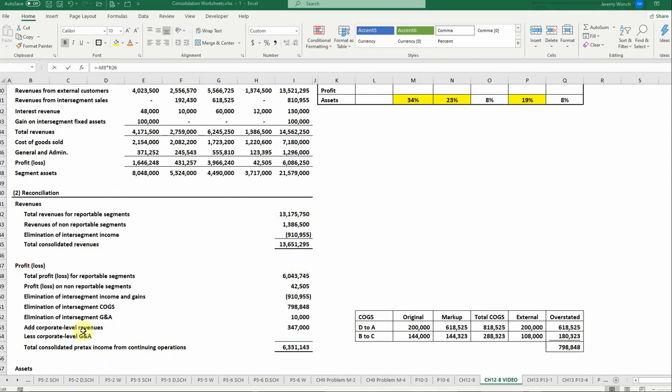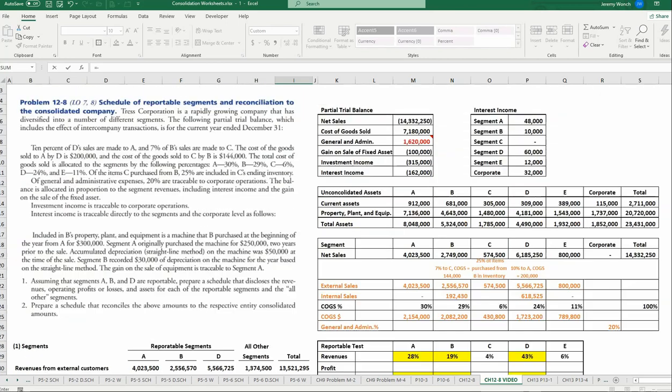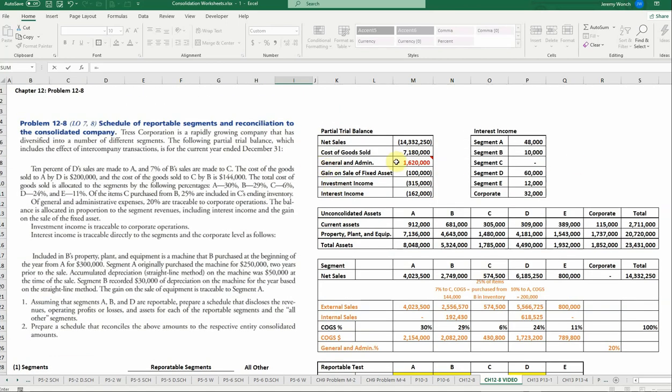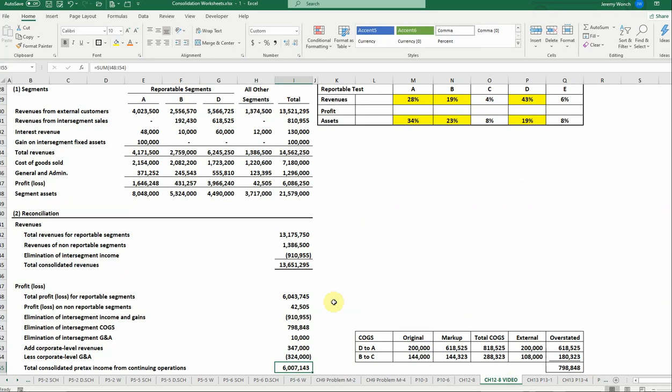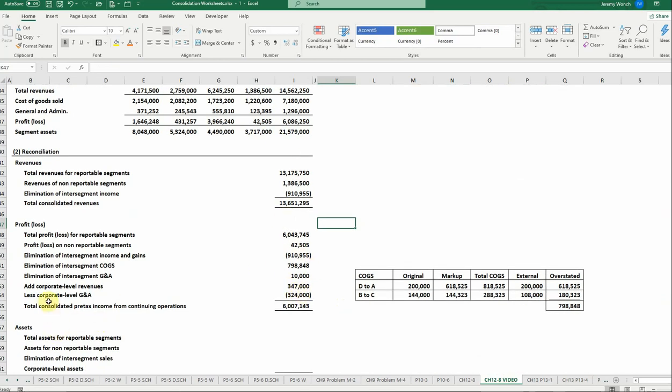And then we also have our corporate level G&A expenses that we need to deduct. We have our total G&A of $1.62 million, and it says that 20% of that is related to corporate. So in our segment reporting, we showed profit of $6,086,000, and we're going to reconcile against what the actual financials show of $6,007,000.